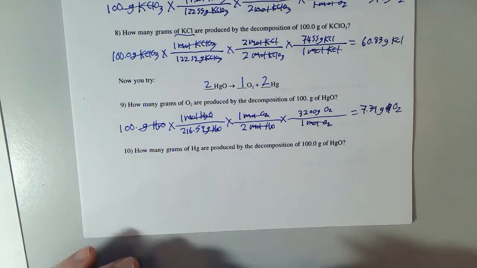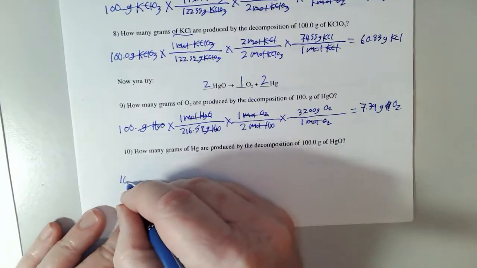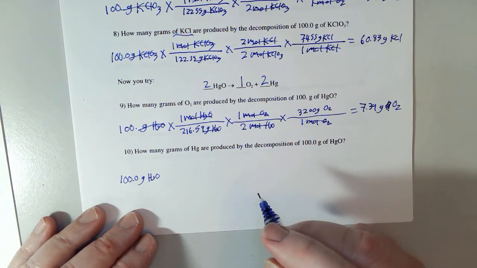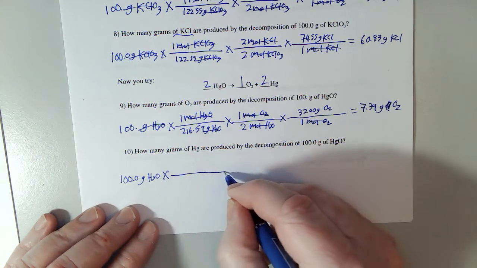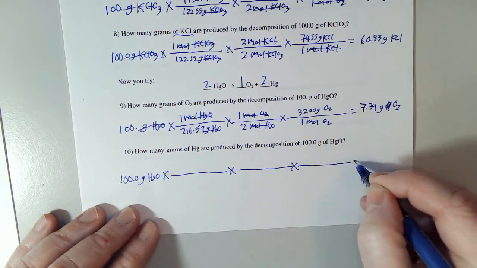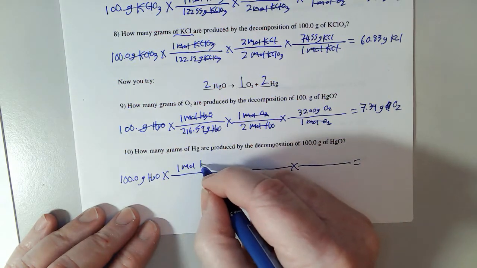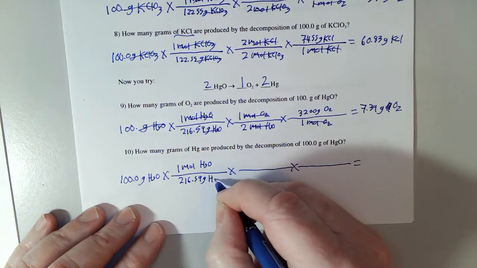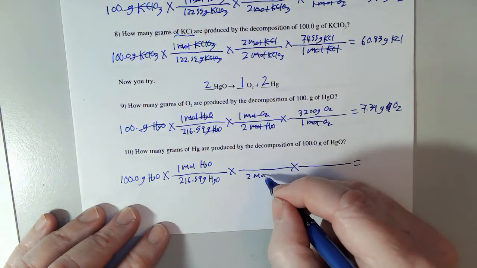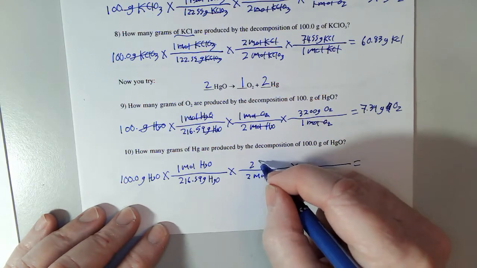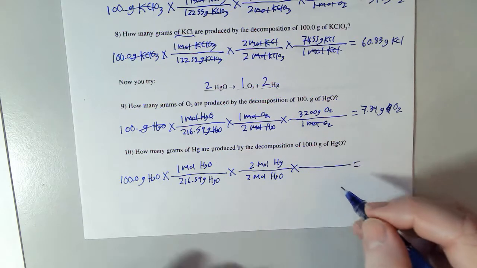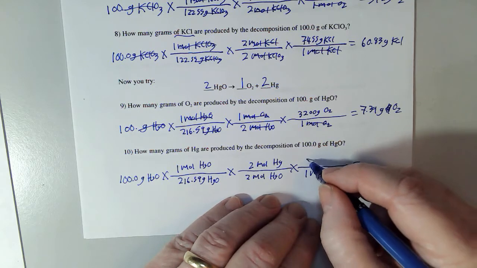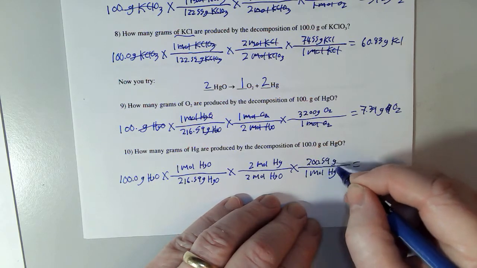Now for this last one here, I have 100.0 grams HgO, just playing around with sig figs a bit here, okay, times 1 mole of HgO is still 216.59 grams of HgO. 2 moles HgO give me 2 moles of Hg, and 1 mole of Hg has a molar mass of 200.59 grams.